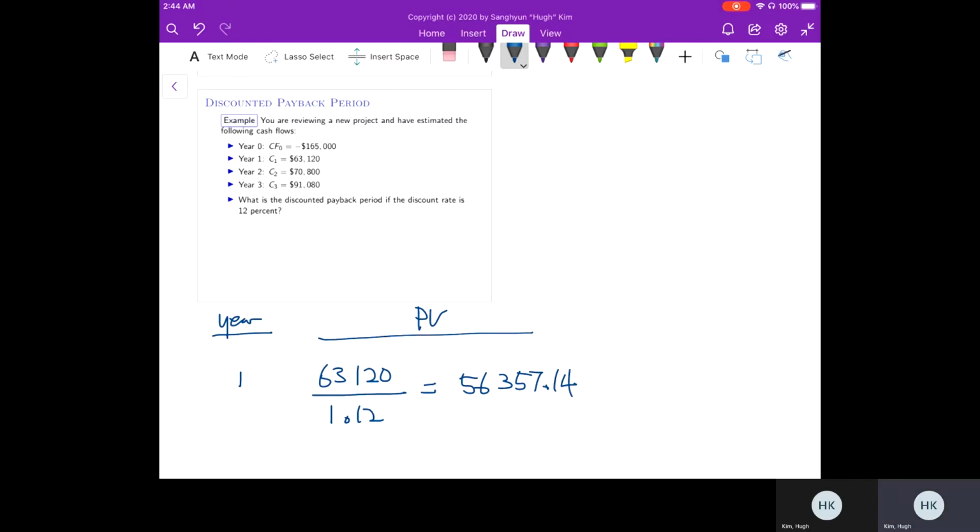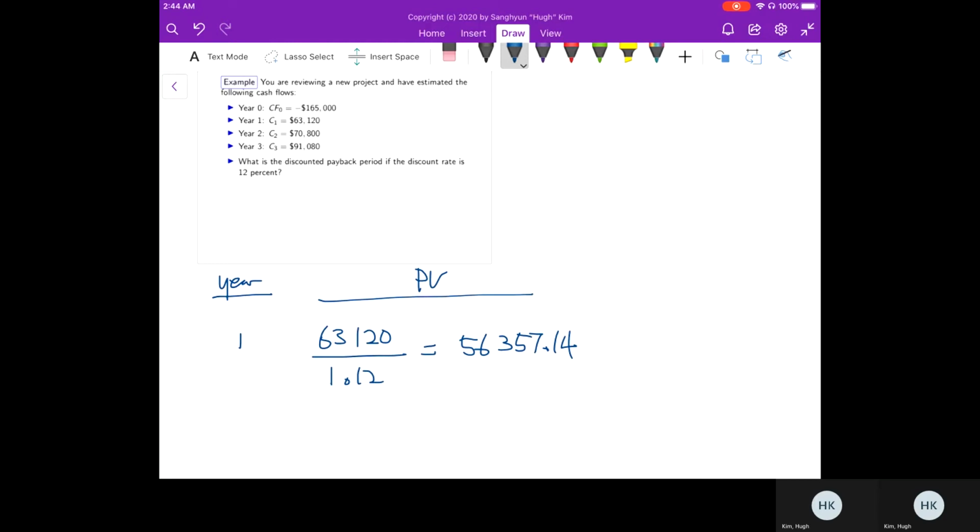The second year cash flow is $70,800. So we discount this at 12% twice. So that's the present value of the second year cash flow. Then we'll get $56,441.33.